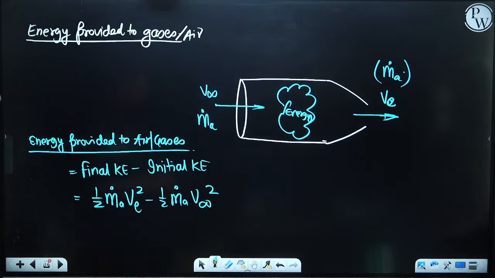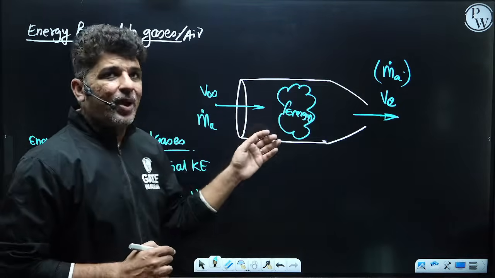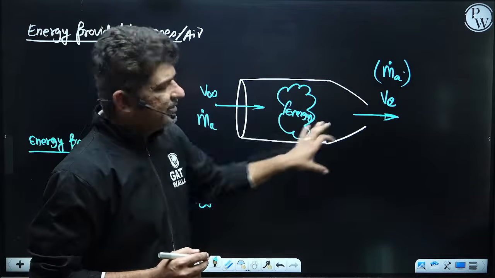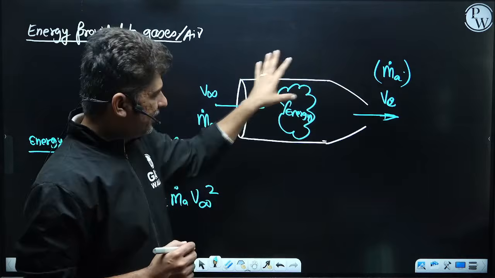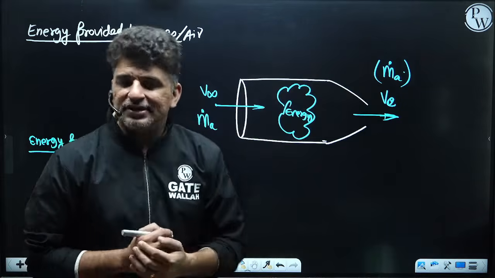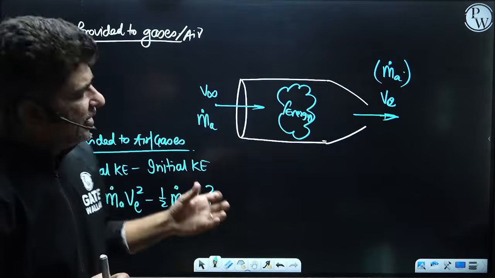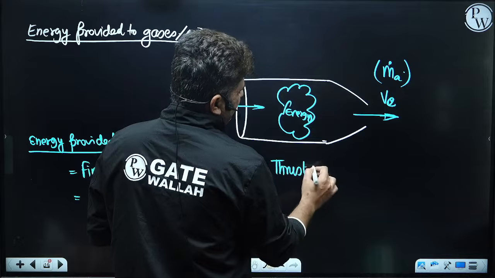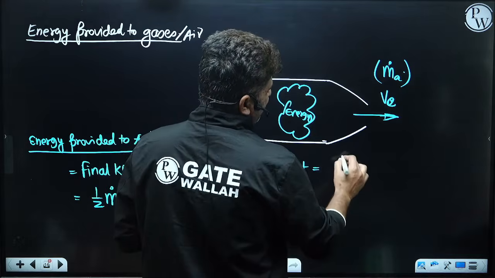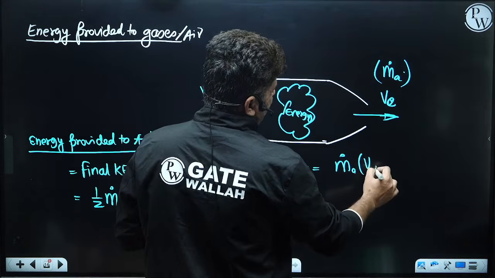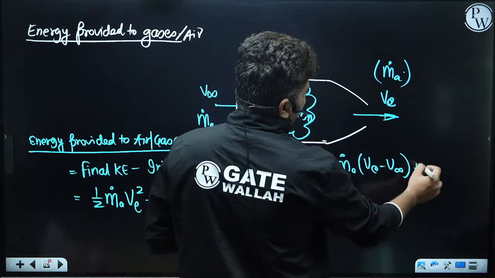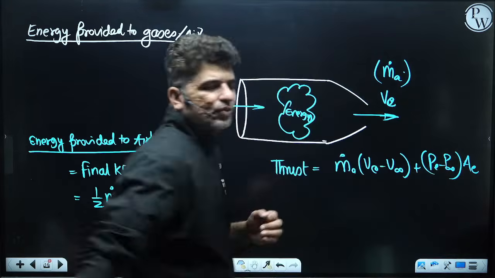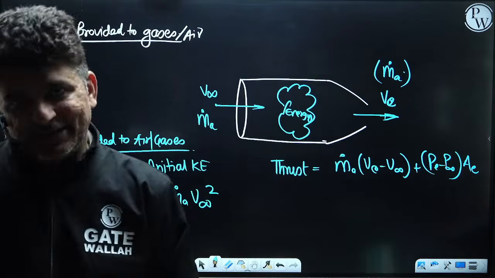Now let's see, when you provide this energy, how much is the thrust generated by this vehicle or whatever engine is available over here? The thrust generated would be equal to mass flow rate of air multiplied by v exit minus v infinity, plus p exit minus p infinity into area exit. This is the thrust generated.